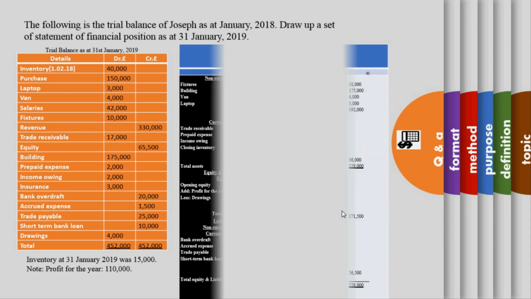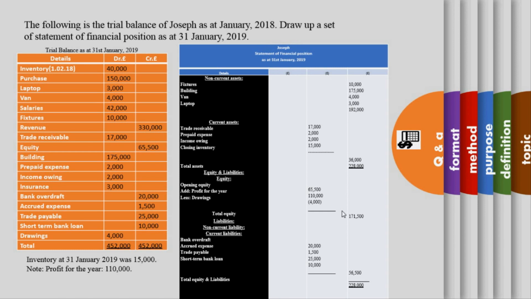Okay, now let's solve this. As you can see in the answer part, there are two subcategories of assets: non-current and current assets. In the non-current assets, in the question, we have four items. The first one is fixtures, the building, the van, and the laptop. So we need to add them together in order to get the non-current asset value. The total non-current asset amount is 1,92,000.